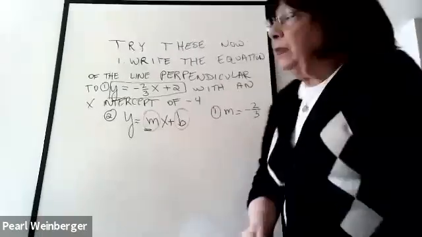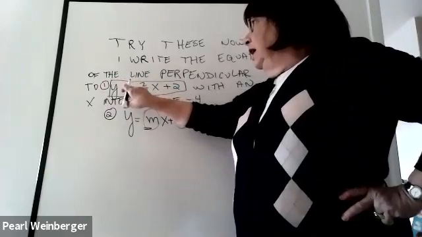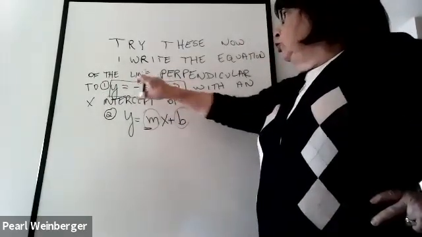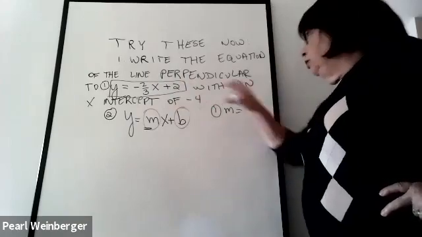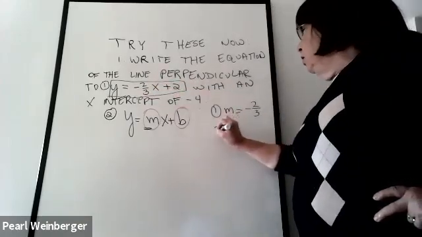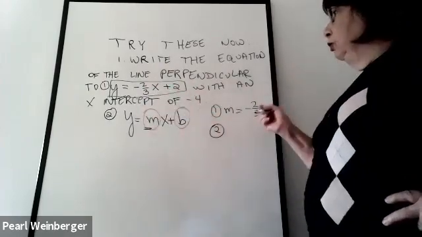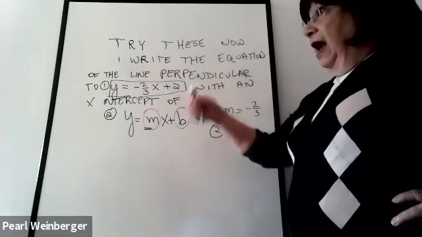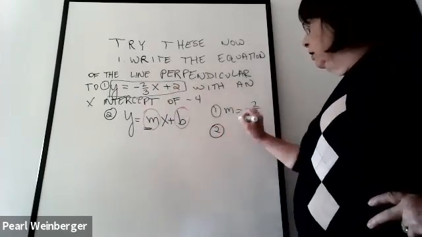Okay, the original line was y equals negative 2/3 x plus 2. So the slope of that line was negative 2/3, because that's the coefficient of the x, which means that the slope of my line, the slope of line number 2, is going to be the opposite reciprocal, because that's what happens when you have perpendicular lines.